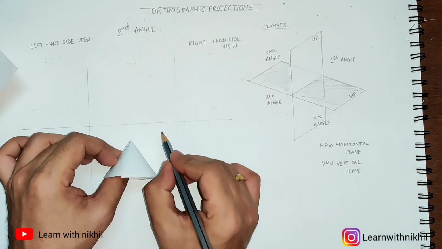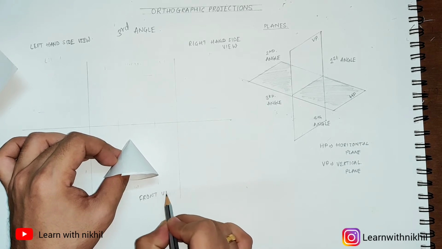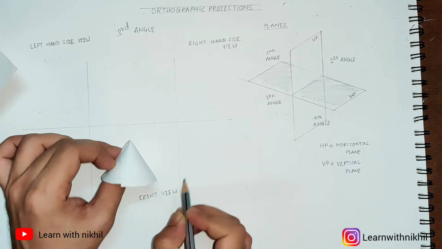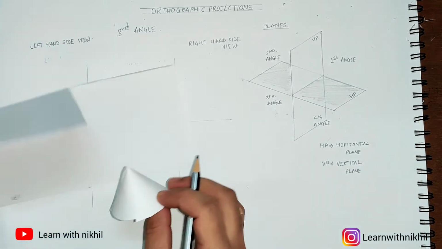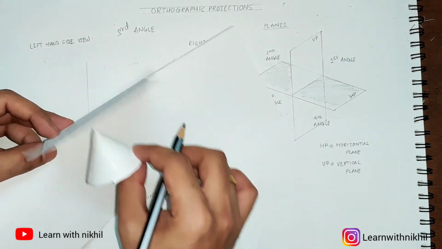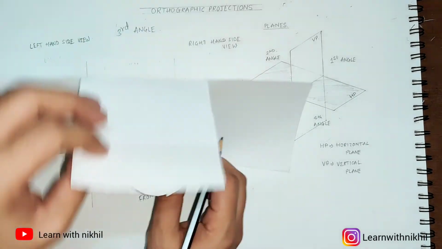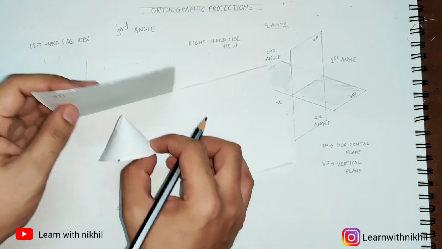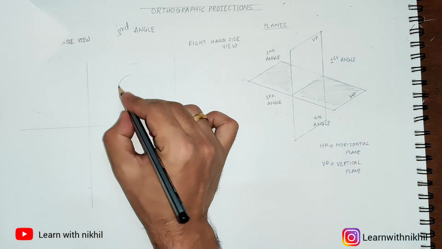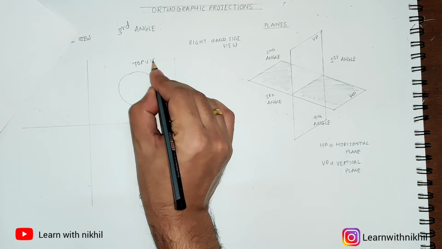So the difference between first angle and third angle is that the front view forms on the bottom side as it is located in the third angle, and it forms on the vertical plane. Now the top view will form on the upper side on the horizontal plane. So here will form the top view.